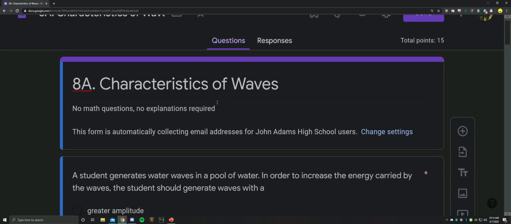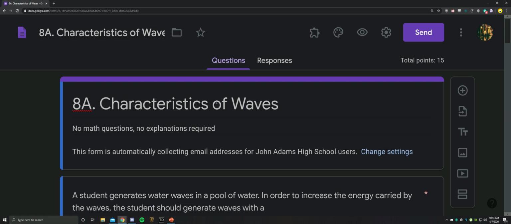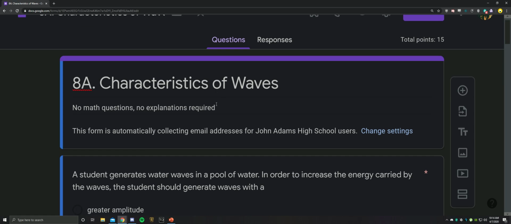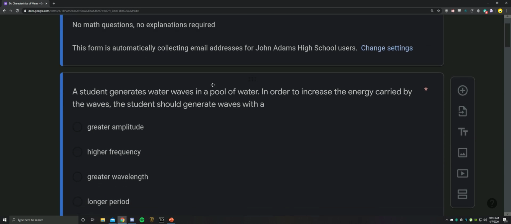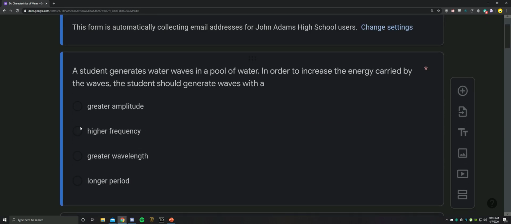There are 15 of them. I made them because I thought it would take you about 1 to 2 minutes on each question. So 1 minute for each question is 15 minutes, which is pretty manageable. Or 1.5 minutes times 15 is 22.5 minutes, which is also manageable.